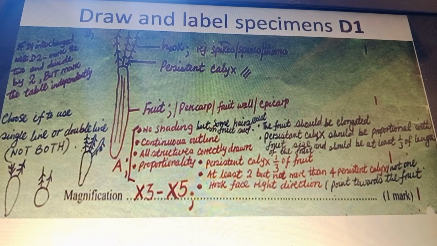We have the accuracy mark. For this one, there should be no shading. Continuous outline, all structures correctly drawn, and then proportionality. These are the ones we were looking at for you to get the accuracy mark.